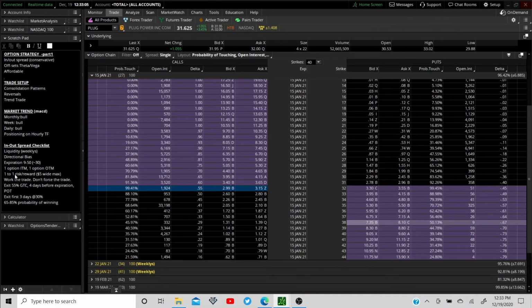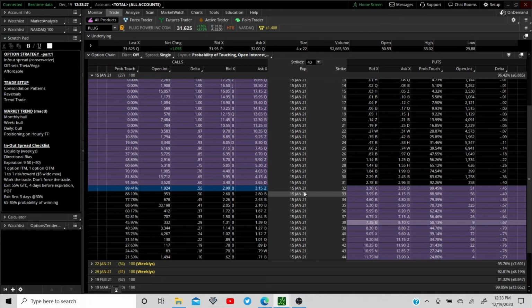Okay. So with the 1-to-1 risk reward, we don't really want to go for anything that's more than $5 wide strategies. For example, maybe Amazon only has strike prices that are $100 apart.